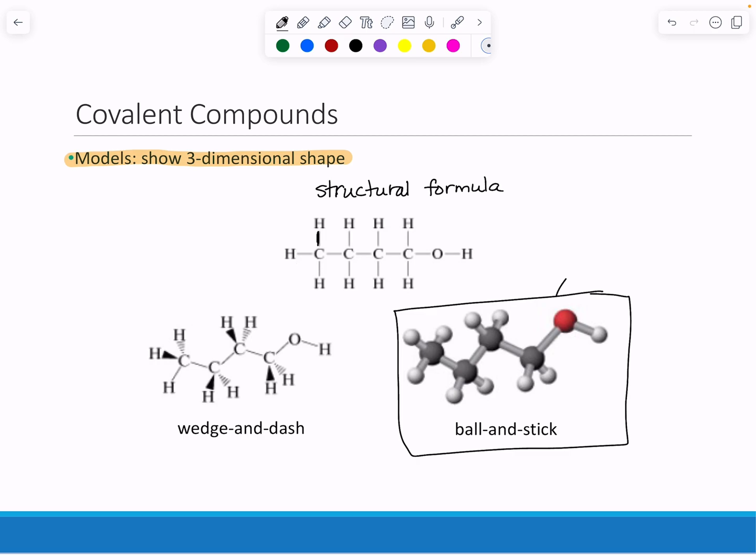So the ball and stick: the ball represents an atom. The color of the ball is related to what element it is.